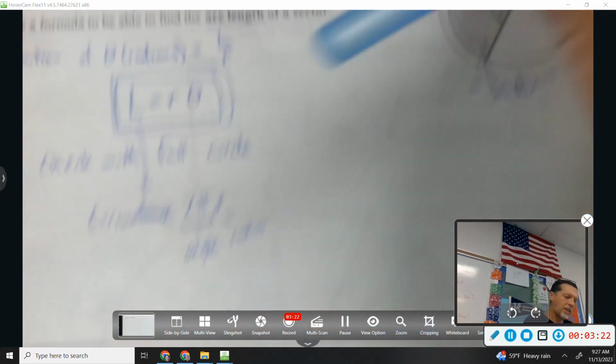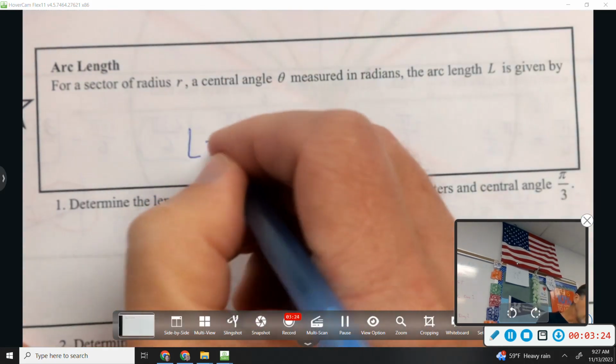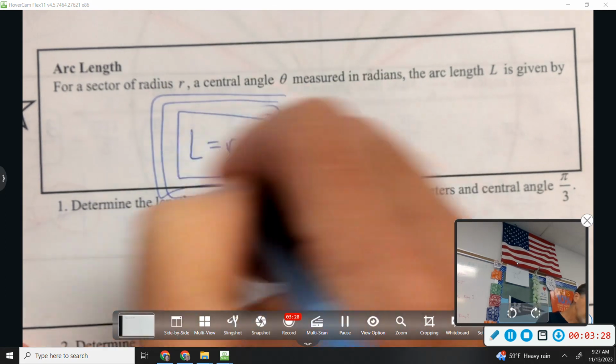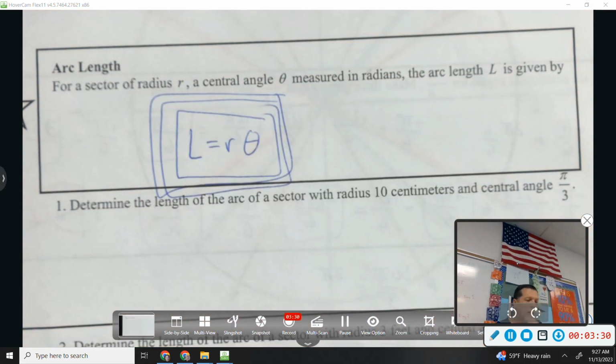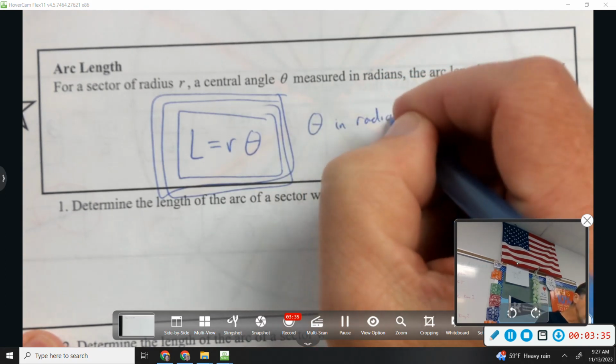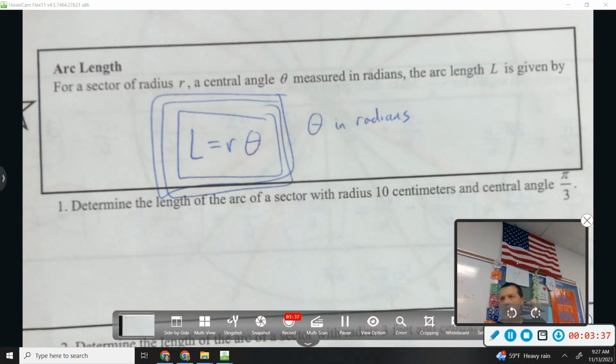All that to say, length equals r theta. Theta has to be in radians, so be careful. If it gives you a theta in degrees, we'll change it to radians and then do the problem.